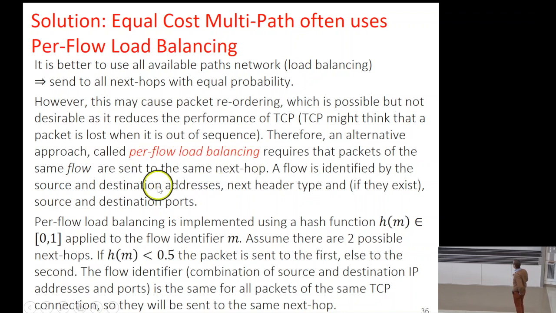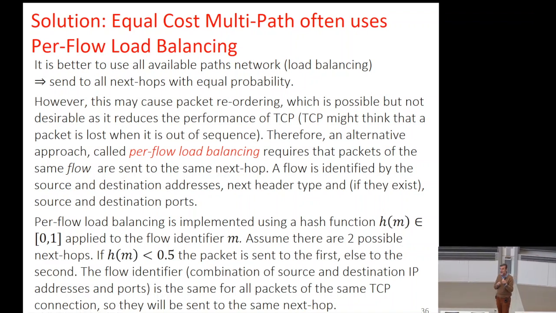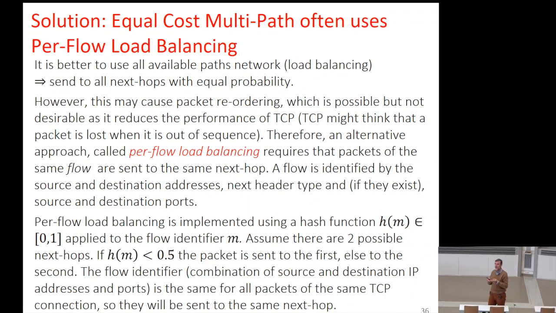So the idea is you would like to do this, but it would be nice if you could find a mechanism such that all packets of the same TCP connection follow the same path. So if you have 1 million packets to forward, you should put 50% of them on the left, 50% on the right. But while doing that, please make sure you send all packets of the same flow all on the left or all on the right.